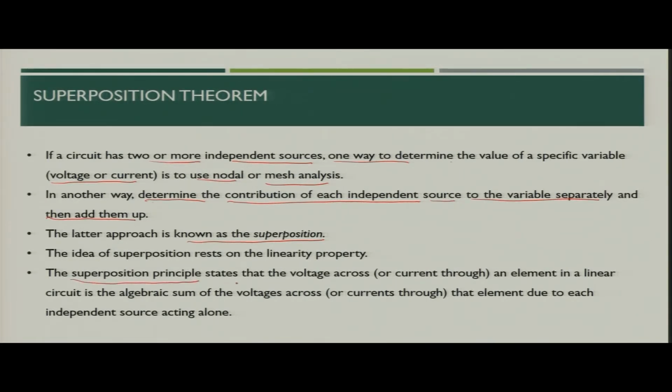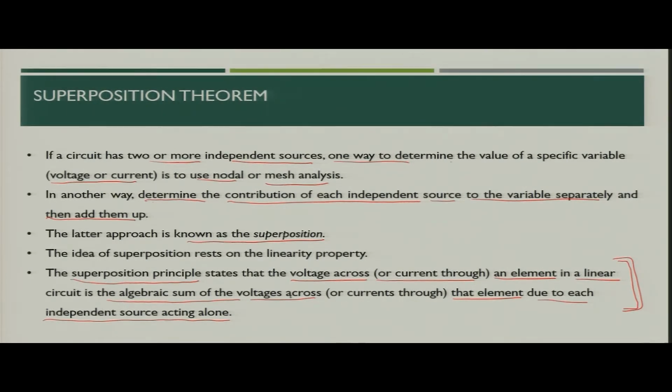In the superposition theorem, the voltage across an element is the algebraic sum of voltages across that element due to each independent source acting alone. So, this gives you the complete property of the superposition theorem, where if you have multiple voltage sources or multiple current sources in the network, you have to take one source at a time and find the voltage across or current through the element of your interest, meaning the given element property which you want to find out.